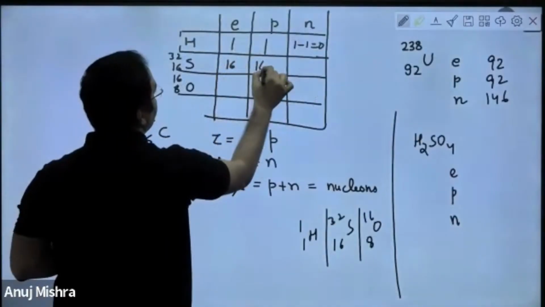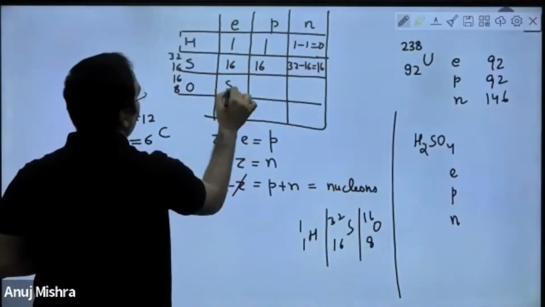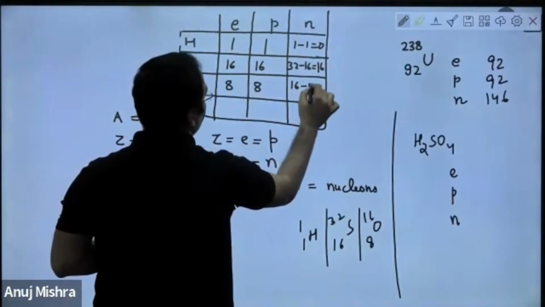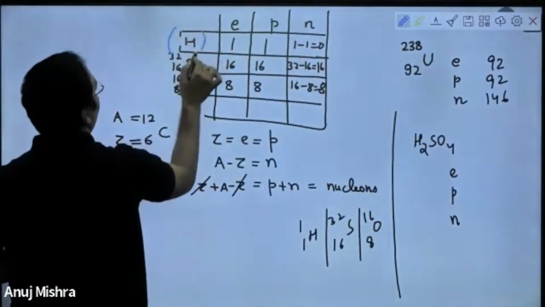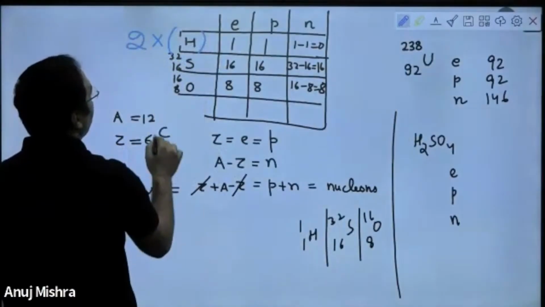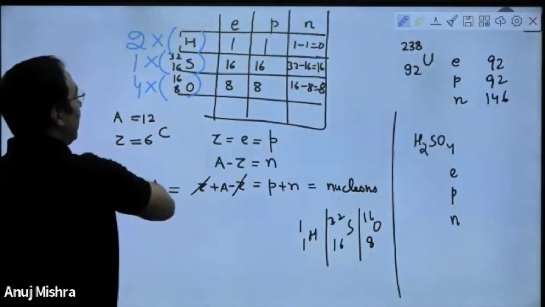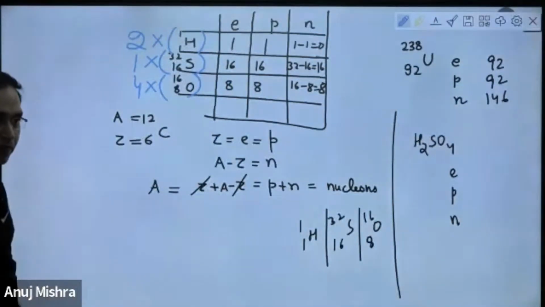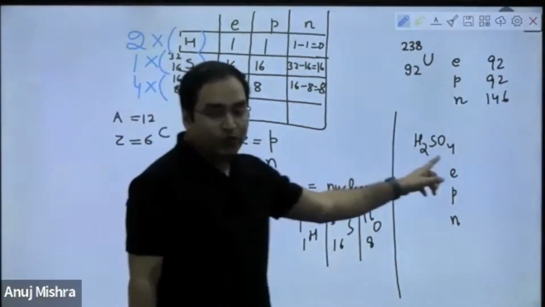Next case, 16, 16, 32 minus 16, 16. Then 8, 8, 16 minus 8, 8. But remember, you don't have just one hydrogen, you have two hydrogens, so multiply by 2. You have one sulfur, multiplied by 1. You have 4 oxygen, multiplied by 4. You have to multiply because I'm not solving for HSO, I'm solving for H2SO4.